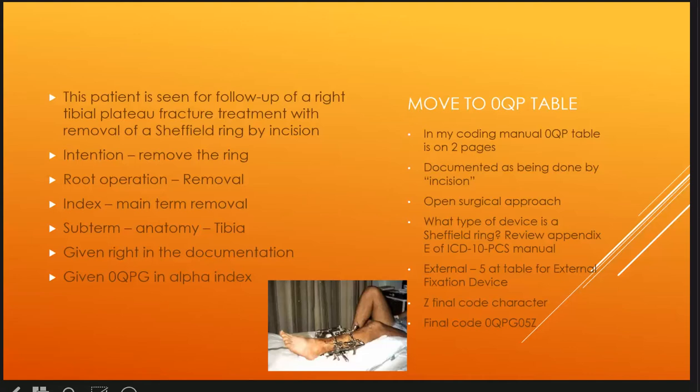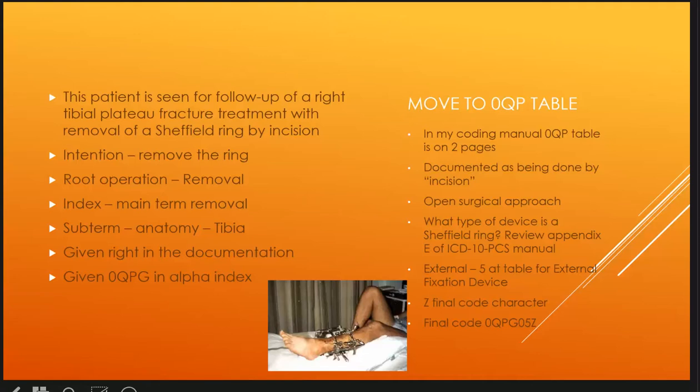So the intention of the procedure is the first thing you need to think about. What are they intending to do? What's the objective of this surgical encounter? The intention is to remove this ring, which is identified per your documentation as the Sheffield ring. The root operation then is removal. You would index in the alpha index of your ICD-10 PCS coding manual the main term of removal.